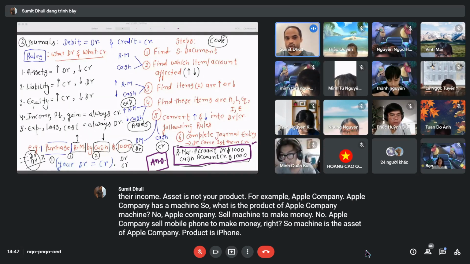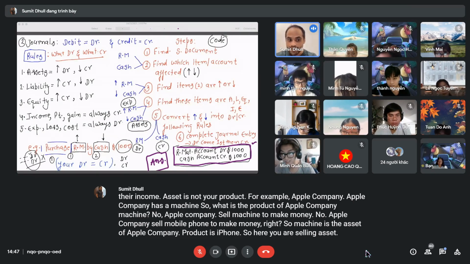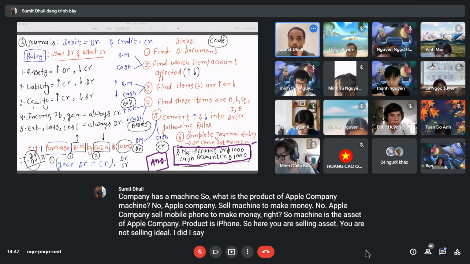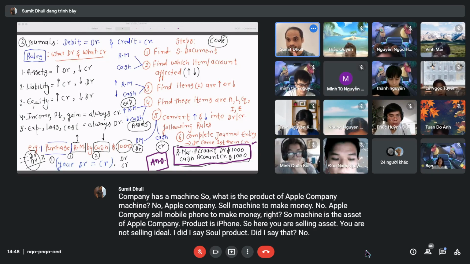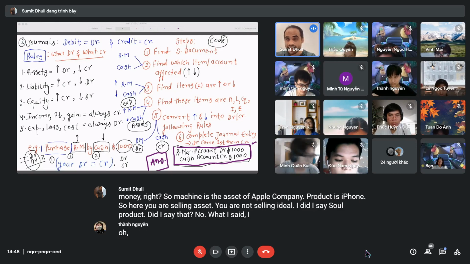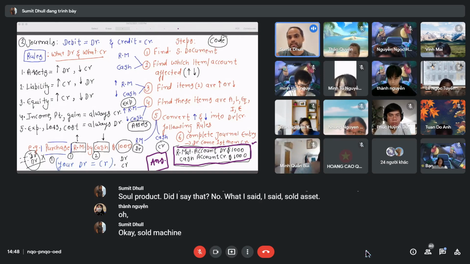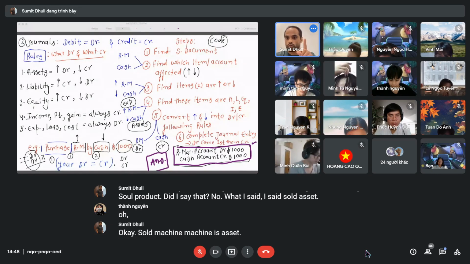So here you are selling an asset. Did I say sold product? No. What I said is sold asset. Sold machine, machine is asset. So which two items are affected?